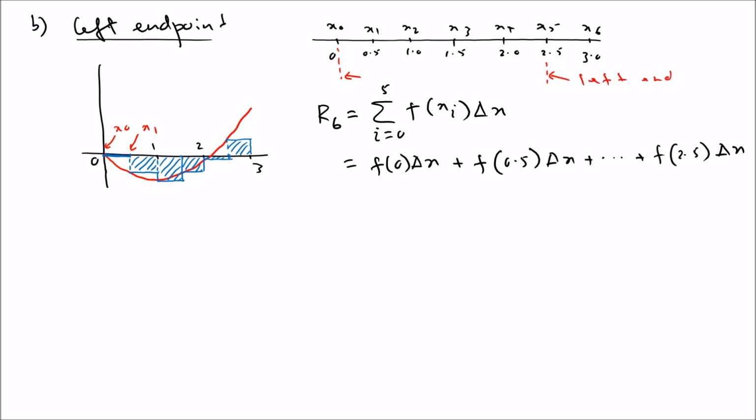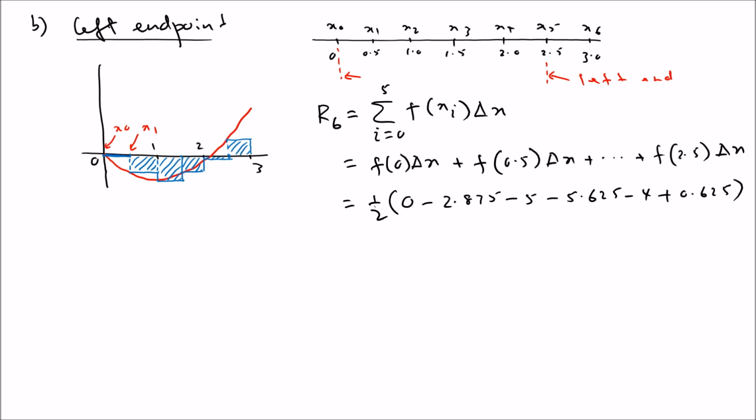Perfect. Now what you do, as before, is calculate the sum. So it is 1/2 times, and you plug in the values. The first value is 0. The second value is negative 2.875, the next one is negative 5, and then 5.625, negative 4, and then 0.625.